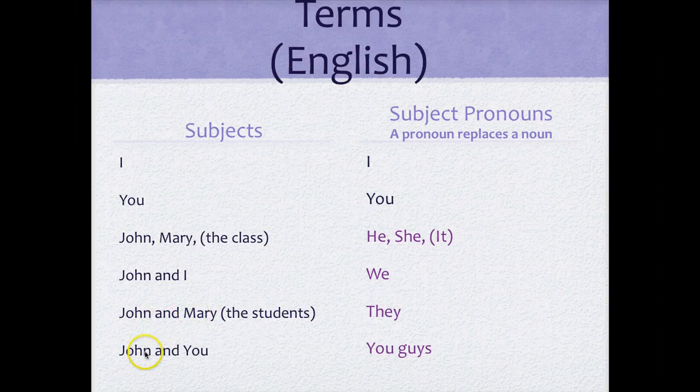And finally, we have John and you, which is often referred to as second person plural, because we have the second person you plus other people, in this case, John. So again, it is first person, second person, third person singular, first person plural, third person plural, and second person plural.